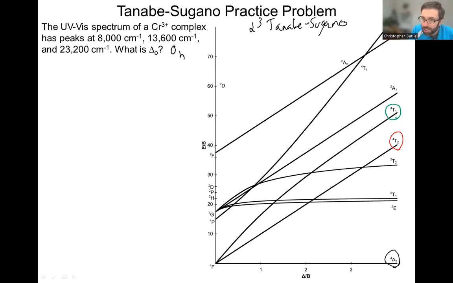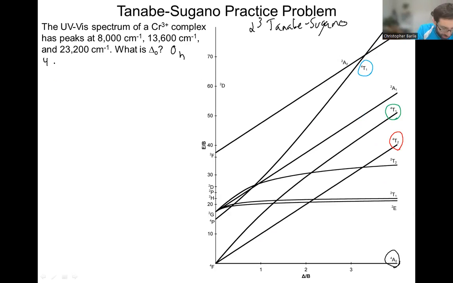And we have a quartet T1g, and another quartet T1g. These are going to be our three spin allowed transitions going from the ground state to the excited states. Spin allowed because we went from quartet to quartet. We can't change the spin when we're talking about spin allowed states.